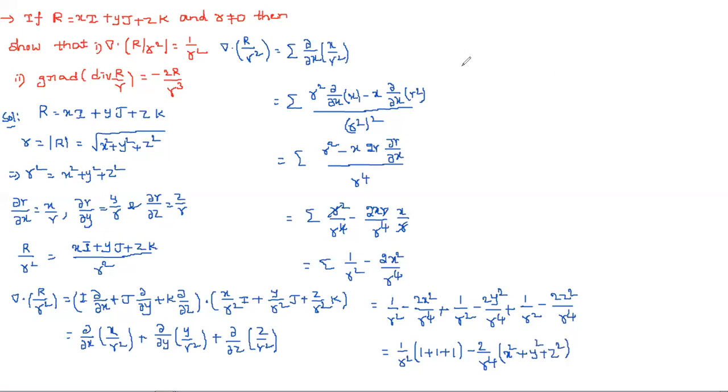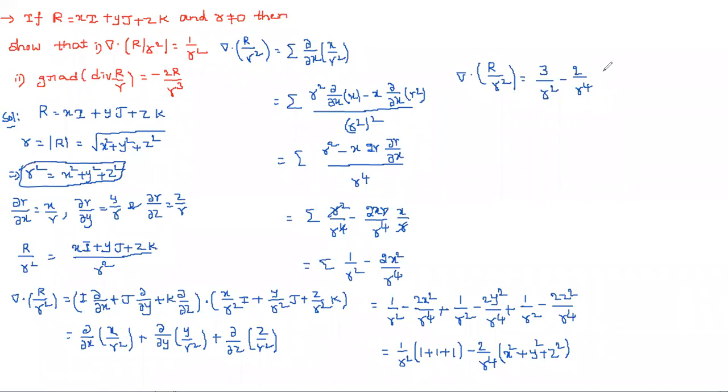And now, del dot r bar by r square is equal to 1 plus 1 plus 1, that is nothing but 3 by r square minus 2 by r power 4 into, here we already wrote, see, r square is equal to x square plus y square plus z square.